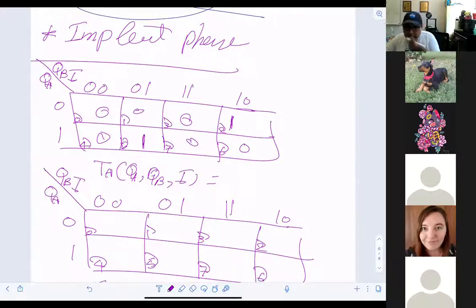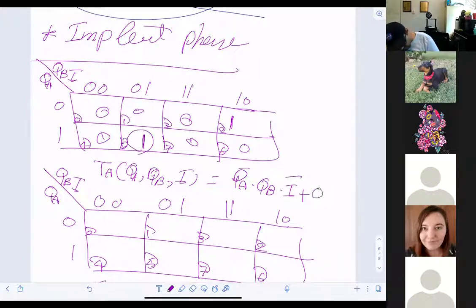Two terms, which is basically group 1: QA complement, QB and I complement, or with this one, which is QA ANDed with the QB complement, and it's going to be I. So we build the Boolean algebra representing the relation between the input and TA, right?